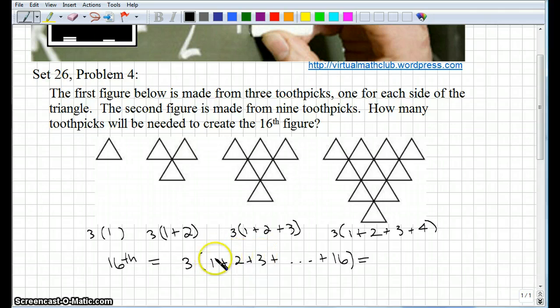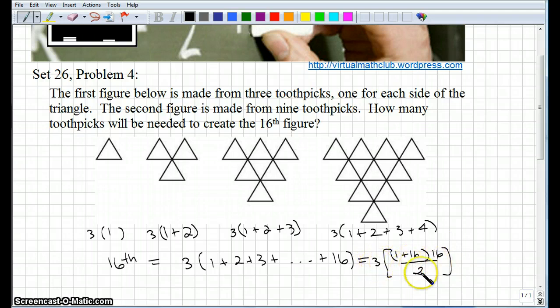All right, and in this case, the difference between the numbers is just 1, right? So the quick way to add this is to take the first number plus the last number, times the number of numbers, and divide it by 2. Okay? Now, I can't forget the 3 on the outside here.